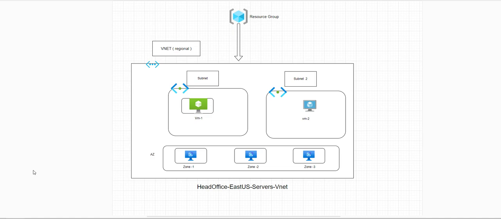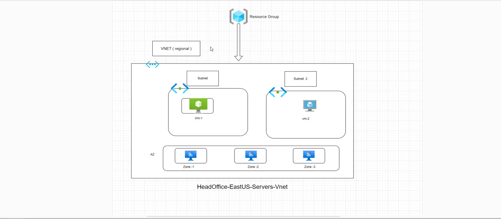So I've got a diagram, as you can see. We call it a VNet, virtual network. If you create a VNet, it's going to be regional. Azure has so many regions everywhere in the world.